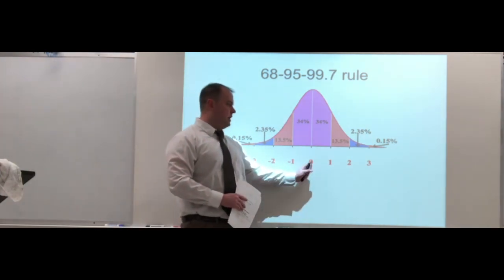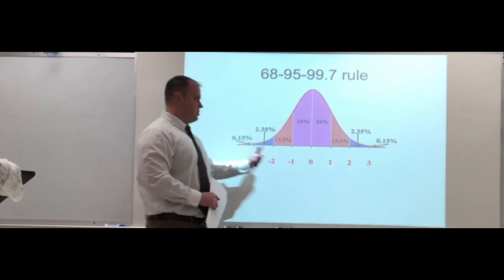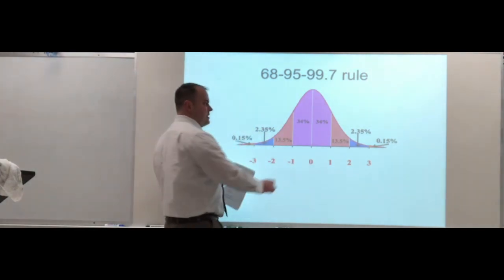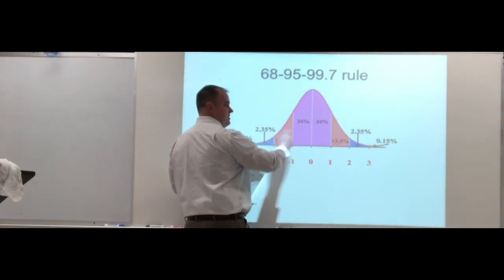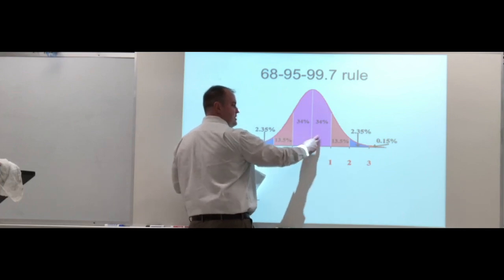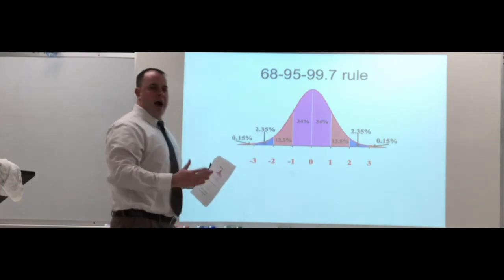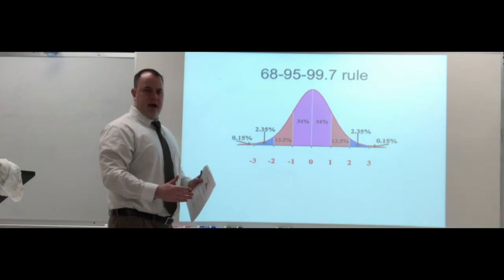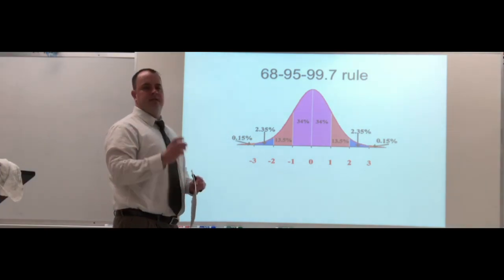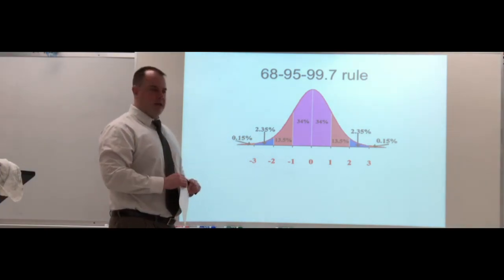It's a normal number line. You're adding to the right, you're subtracting to the left. And each section here, again, it's symmetric, it's the same on both sides. Each section represents how far away you are from the average, and that section represents the percentage of that population.